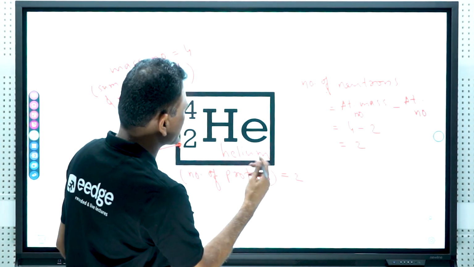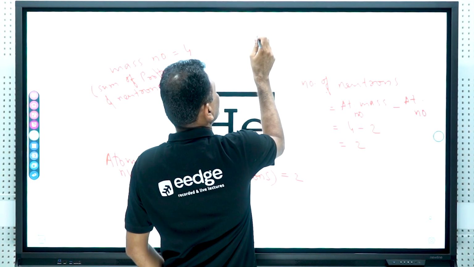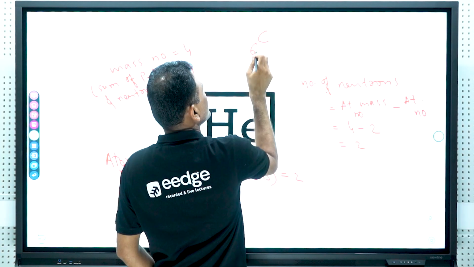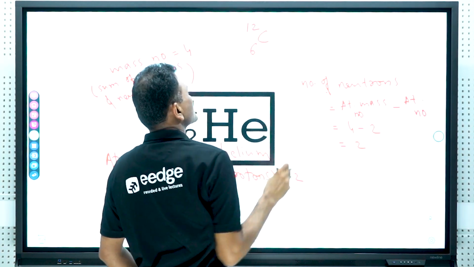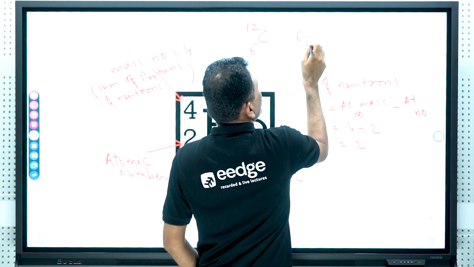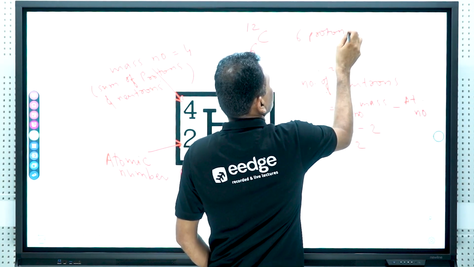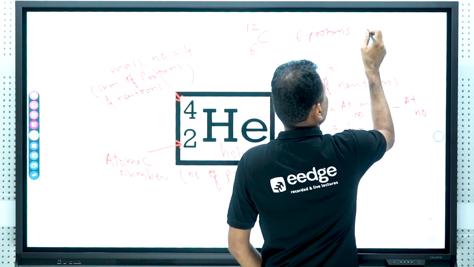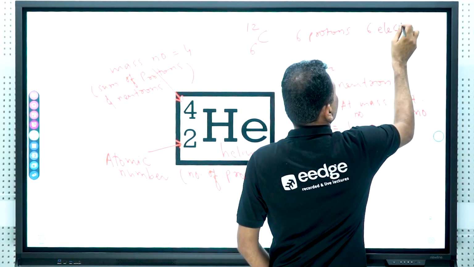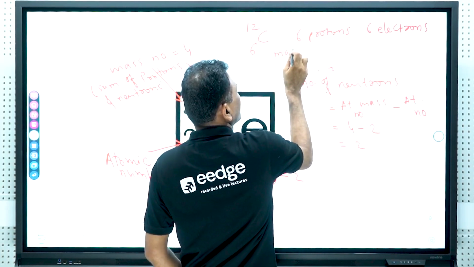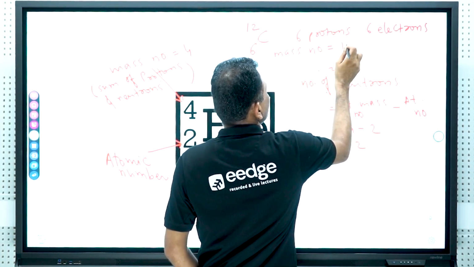So let us take one more example. Suppose I give you carbon. Atomic number of carbon we write here, it is 6, and mass number of carbon is 12, we write here. So carbon consists of 6 protons, and as we have 6 protons, we also have 6 electrons, and mass number is 12.